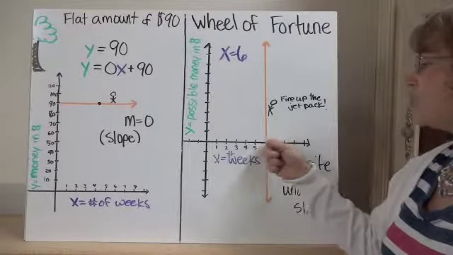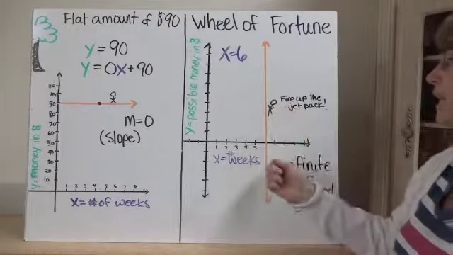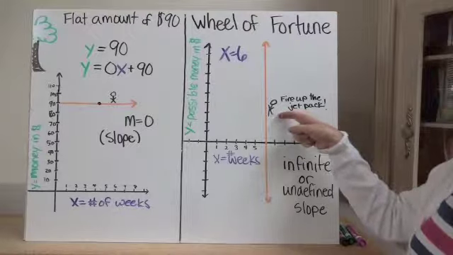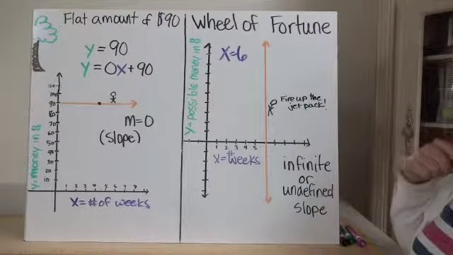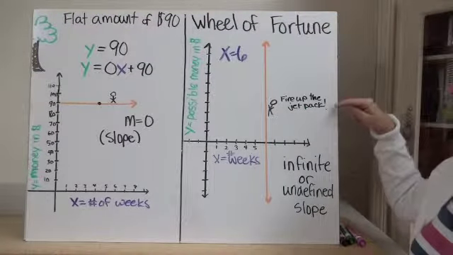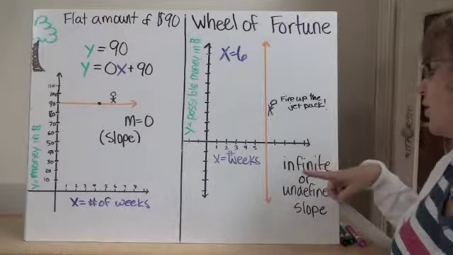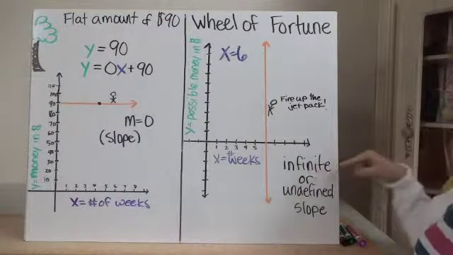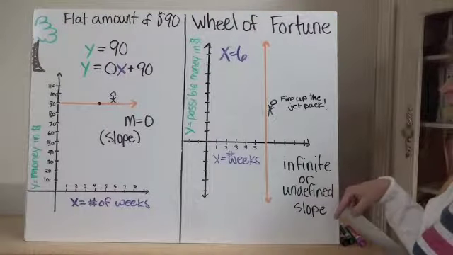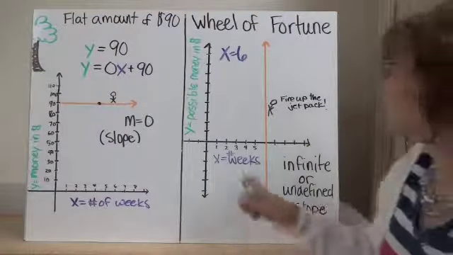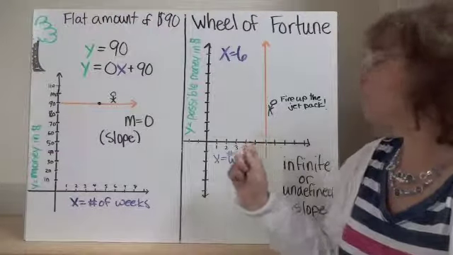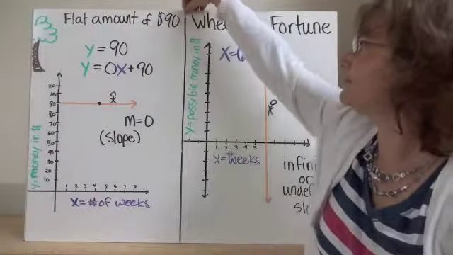There is no left to right. It's straight up and down, and if I try to walk that, I'm going to fall off and be very excited that I purchased my jetpack, even though it's going to cost me $2 a week to run it. So this slope is called an infinite or undefined slope because it's straight up and down. You have no movement from left to right.